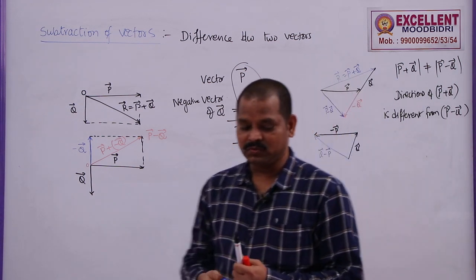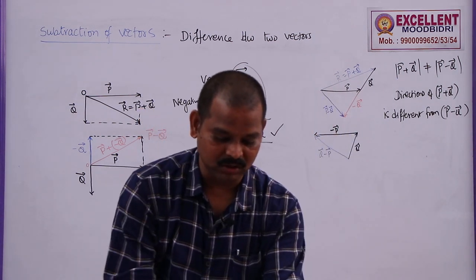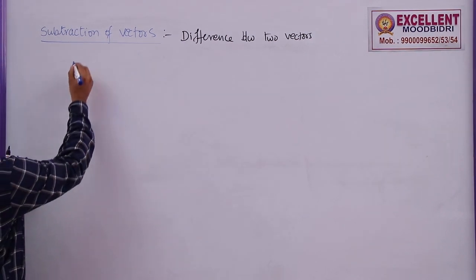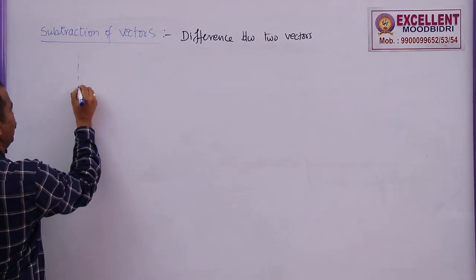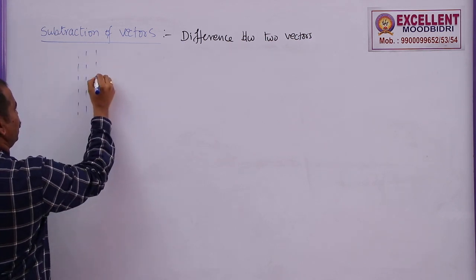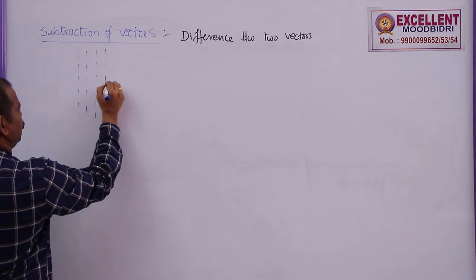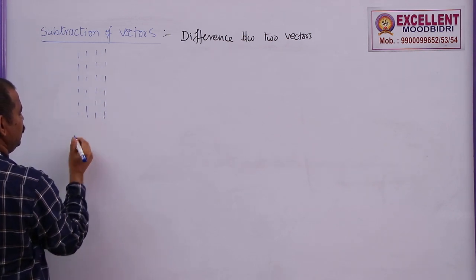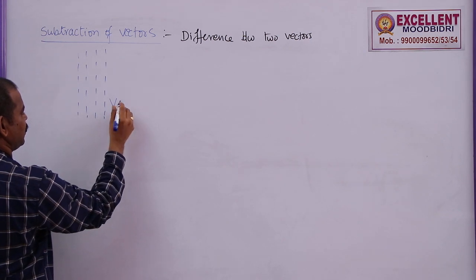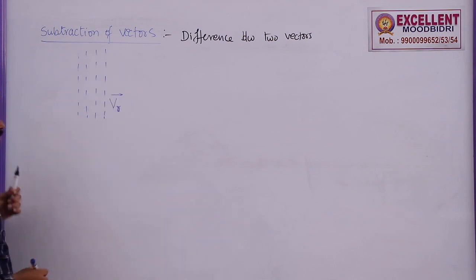Now based on this, let me give some applications in our daily life. Let us say rain is falling vertically downwards. These are the raindrops. Here the velocity of rain, let me take it as VR, velocity of raindrops, VR vector.